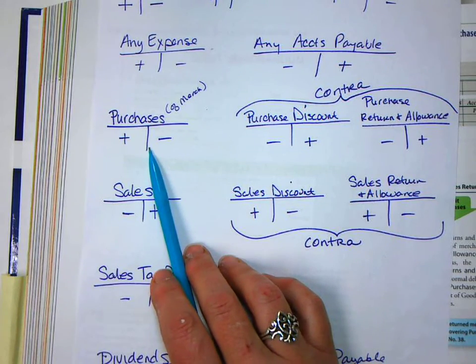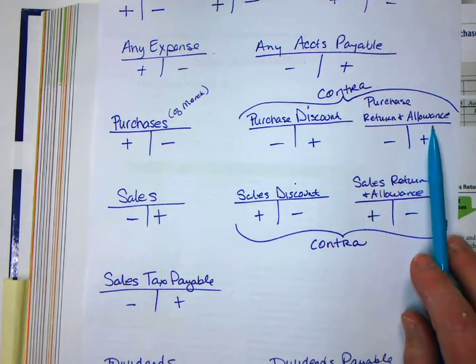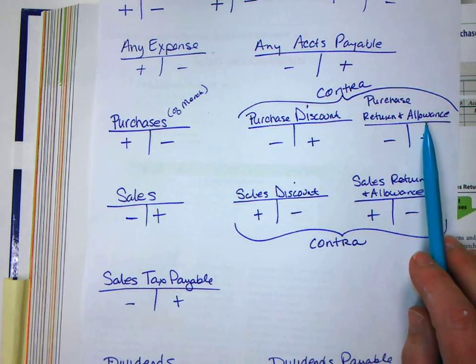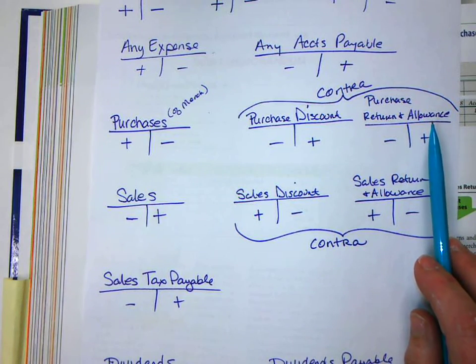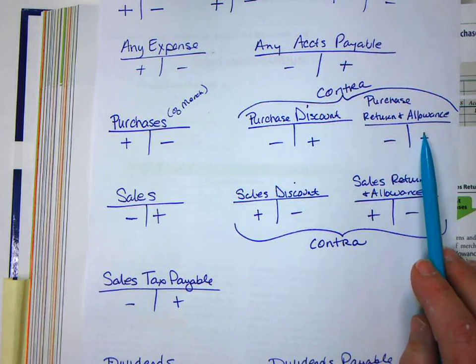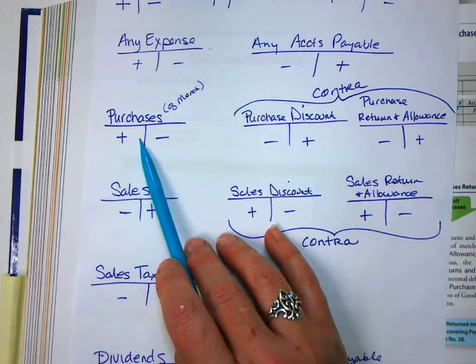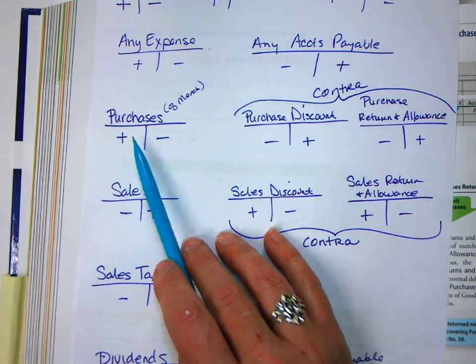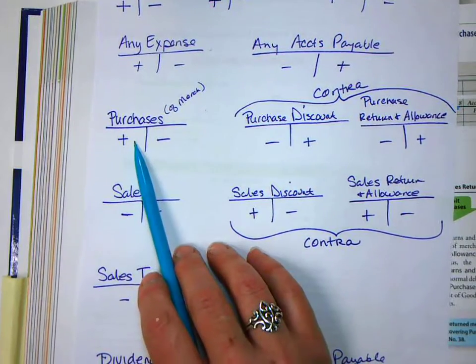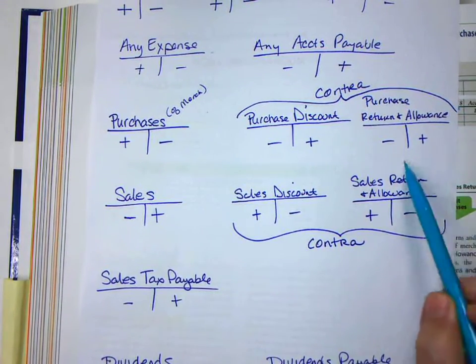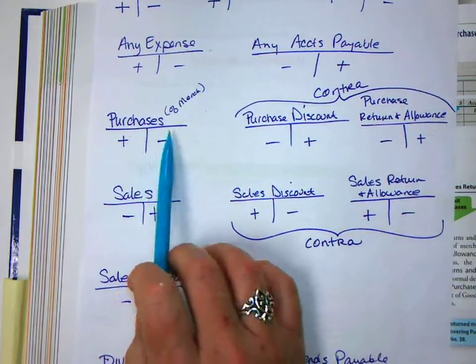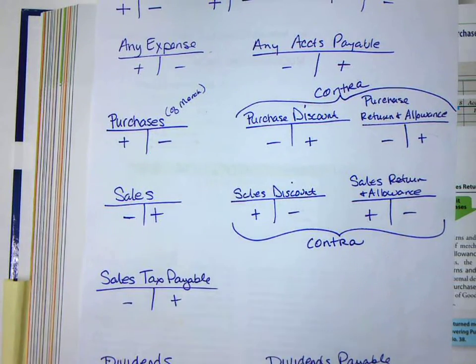If we return something, we're going to use this account. Now when we get down to our financial documents, our income statement at the end, this will decrease our purchases. We'll do the math to do that then. But for right now, we're just going to keep track of those separately. And of course, this one has an opposite normal balance than our purchases. Okay.